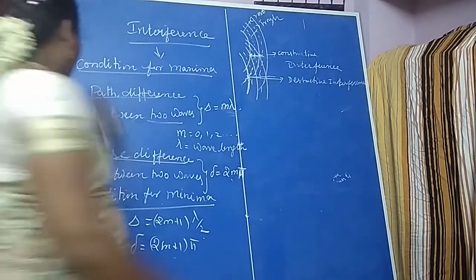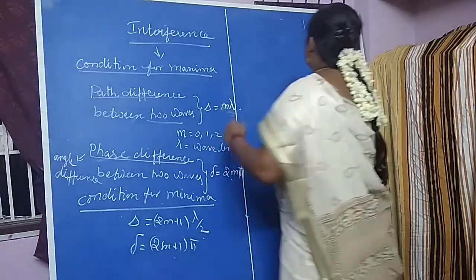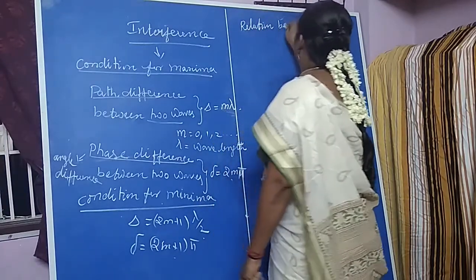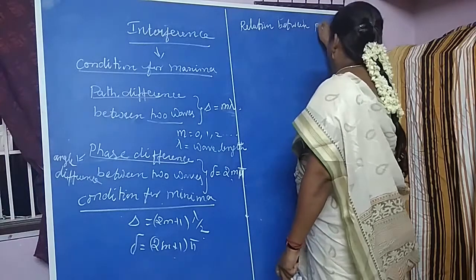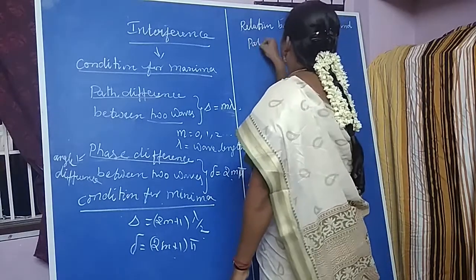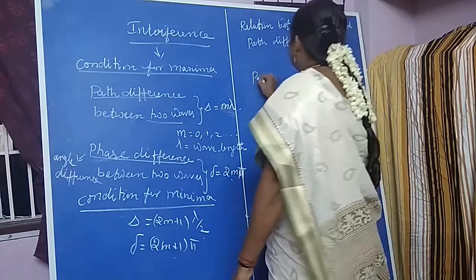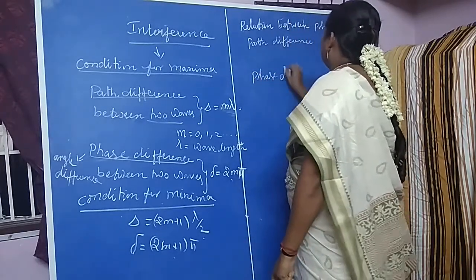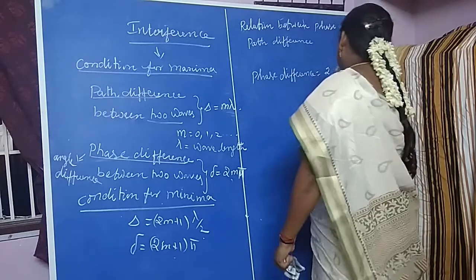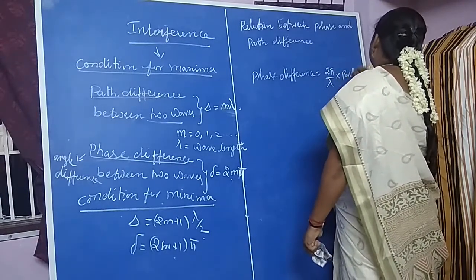We have a relation between the phase difference and path difference. Phase difference equals 2 pi by lambda into path difference.